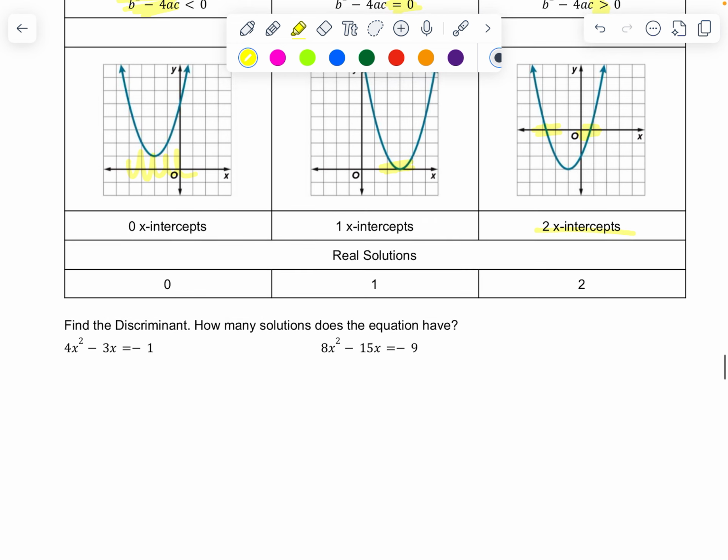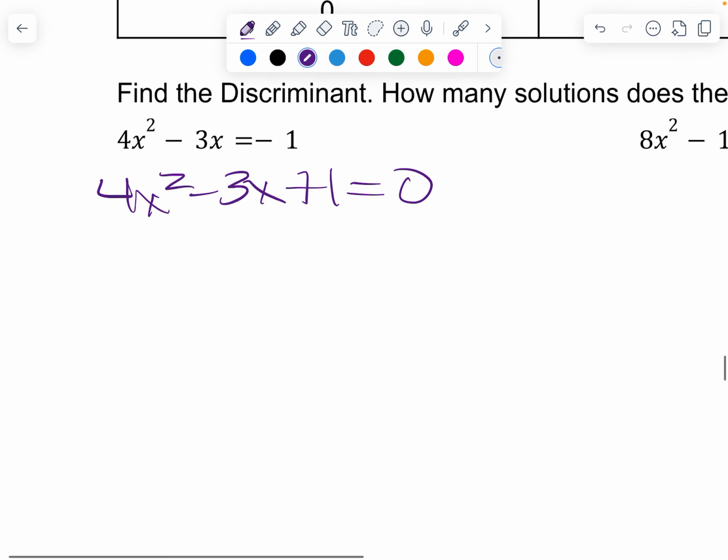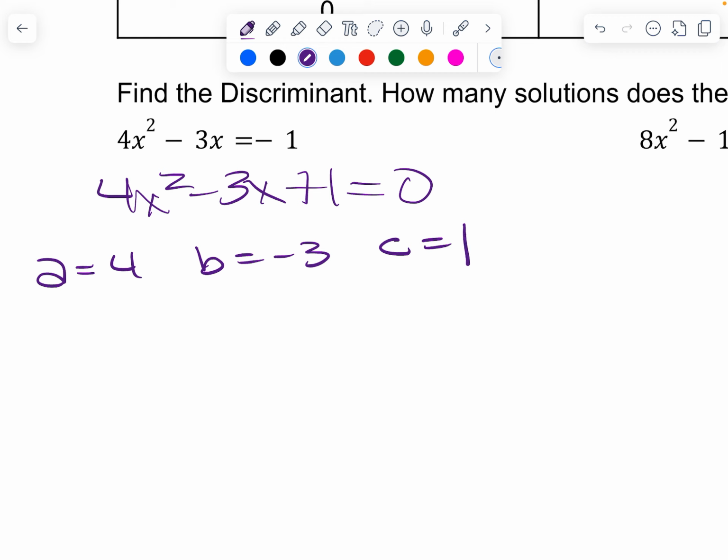Okay? So if I did this, I get 4x squared minus 3x plus 1 equals 0. Again, my a value is 4, my b value is negative 3, my c value is 1. All it wants to know is how many solutions.